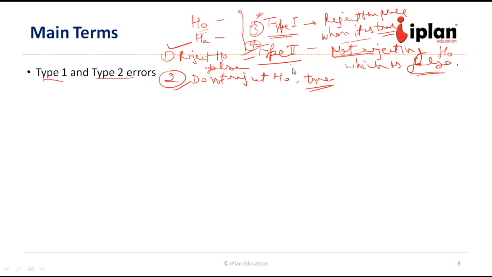So while doing statistical testing, we need to remember that we cannot reduce both the errors simultaneously. Even in real life, if we try to reduce type 1 error, automatically type 2 error will be higher and vice versa. So in real life, we always need to make a balance between these two. It also depends on the situation. In certain situations, type 1 error is more critical.